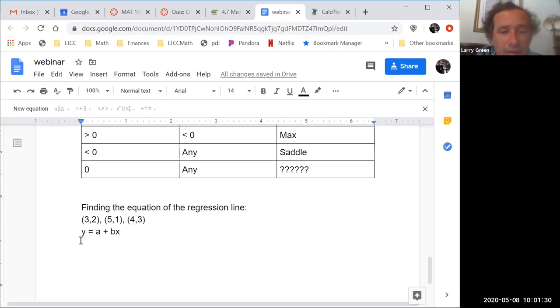So here's what we want to do. We have these points, and then we have this line y equals a plus bx, and I can plug in. So I'm going to plug in (3, 2). When you do that, you get 2 equals a plus b times 3.